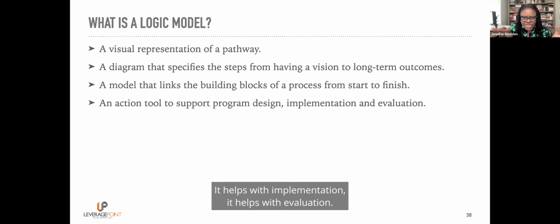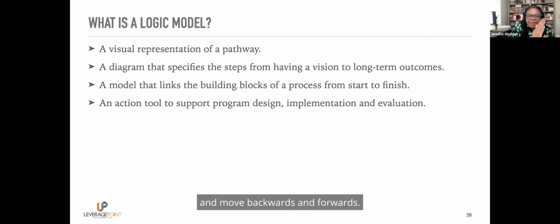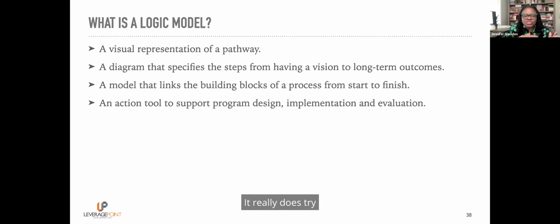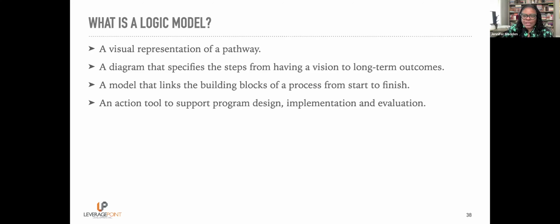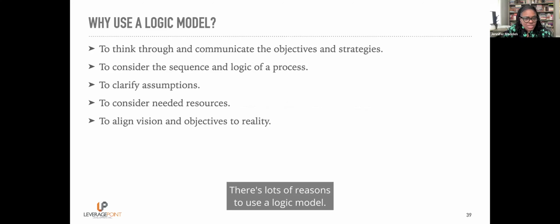It helps with implementation. It helps with evaluation. The thing that I like about the logic model as well is you can start anywhere in the logic model and move backwards and forwards. It really does help you to see where there are any gaps that you have in knowledge in the information.